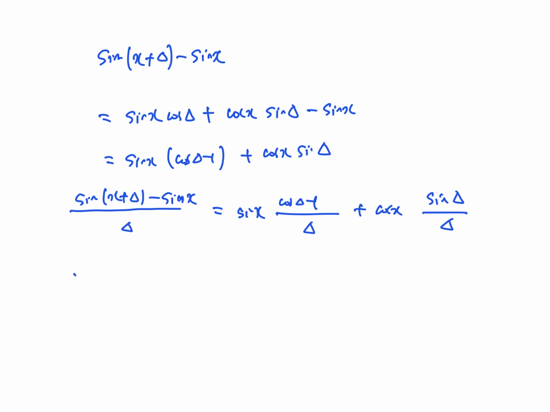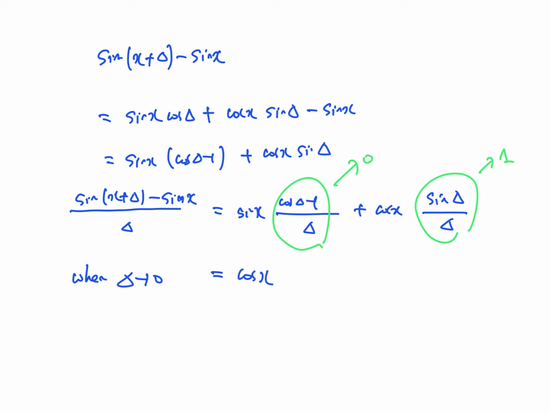So when delta goes to 0, we already obtained that the first goes to 0 and this goes to 1. So it becomes cos x. So when you differentiate sin x, you get cos x.